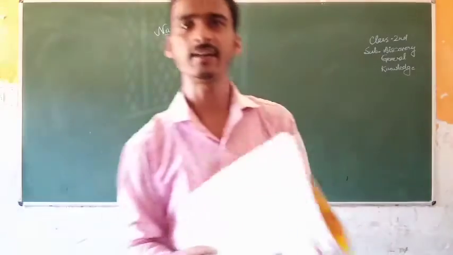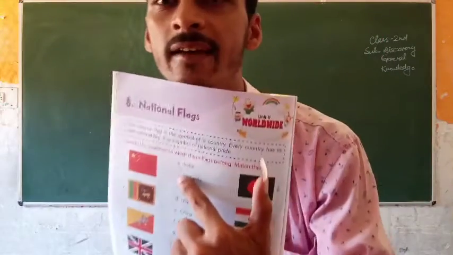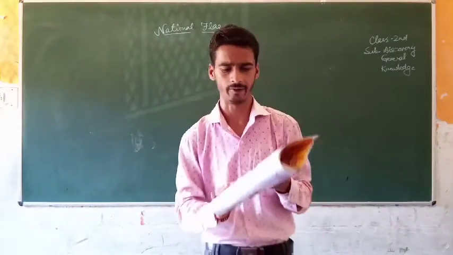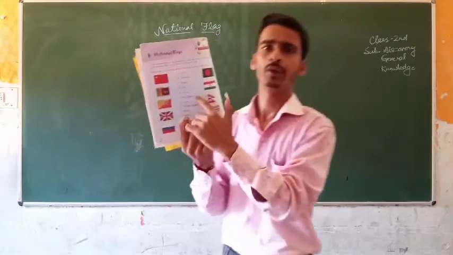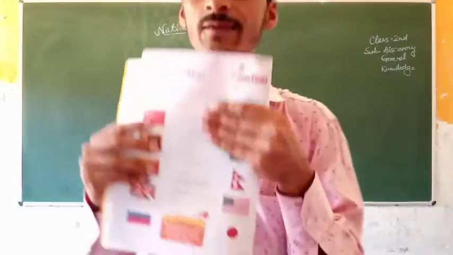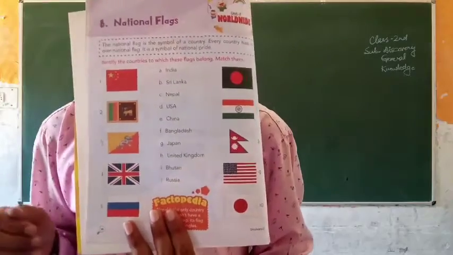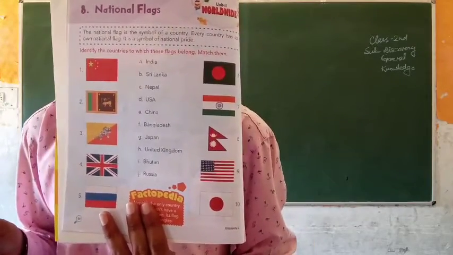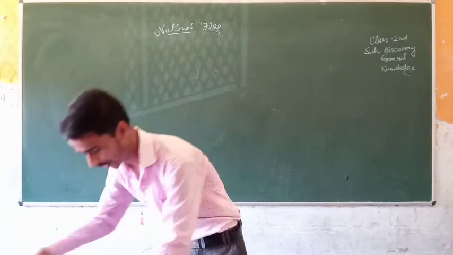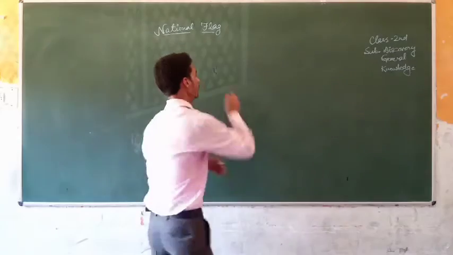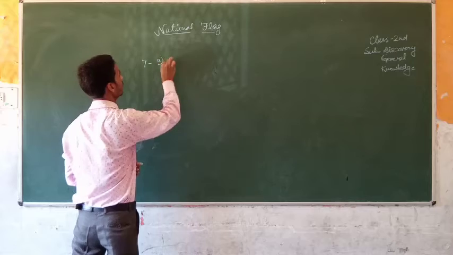As we know, first there is India, on A. Can you tell me where India's flag is? Very good. On 7th number there is India's flag.